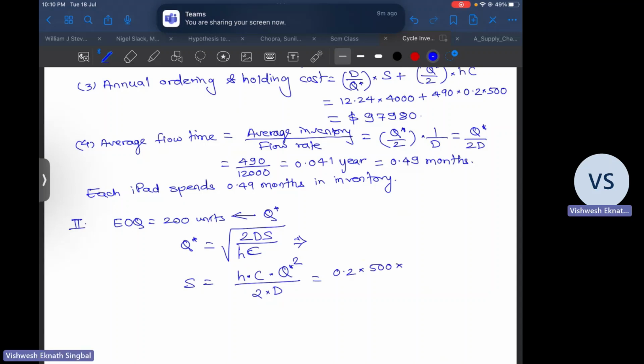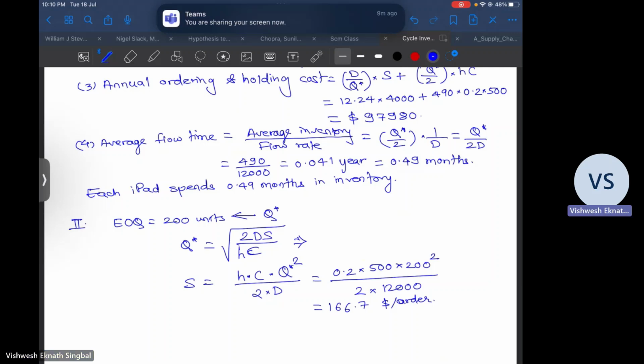This is not 980, not the value that you calculated, but this is 200. Do remember that. 200 square divided by 2 into 12,000. The answer will come to around $166.7 per order.